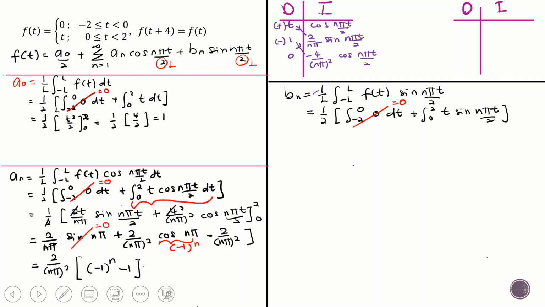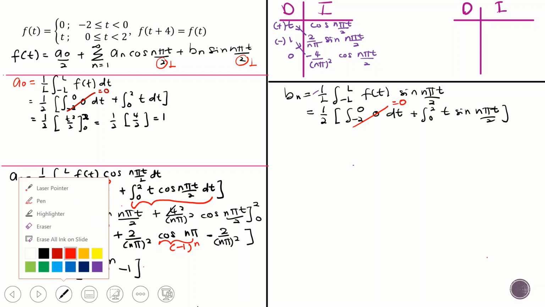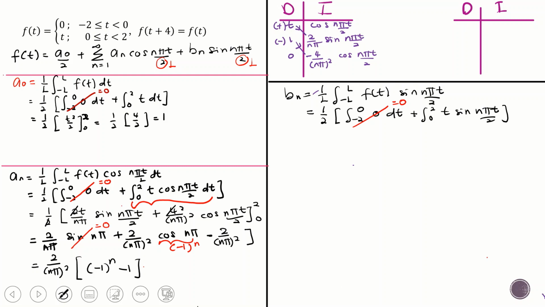Okay, and this is the tabular method. Let's do the tabular method here. We have t, 1, 0. This is sine n pi t over 2. First integration, we're going to get negative 2 over n pi cos n pi t over 2.